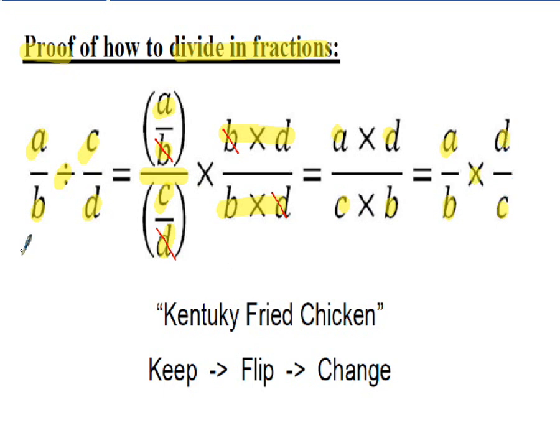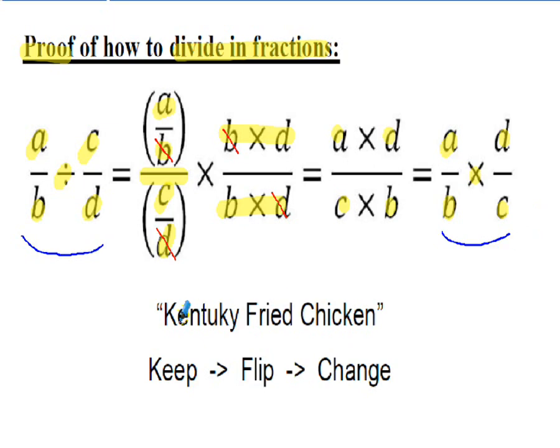When we now consider what we started with, the a upon b divided by the c upon d, and what we've ended up with, the a upon b multiplied by the d upon c, we can see that the first fraction is the same, a upon b. The second fraction has been flipped. The c upon d initially becomes now d upon c, and there is a sign change between the fractions.